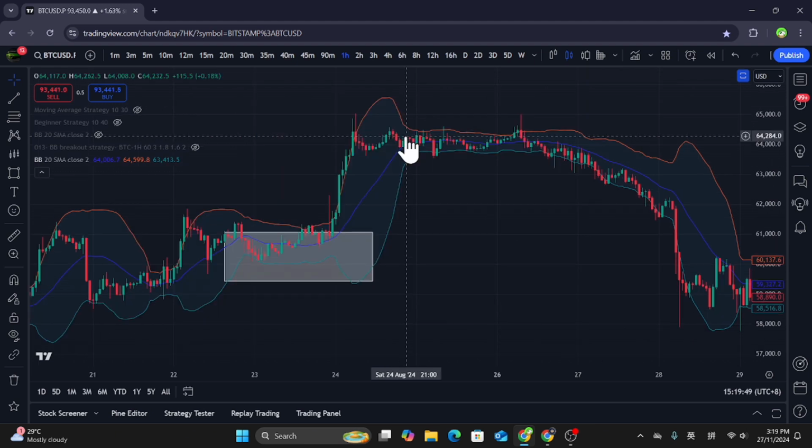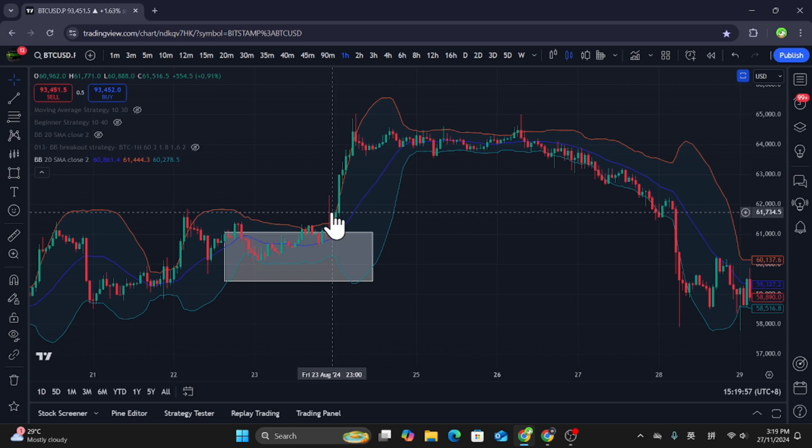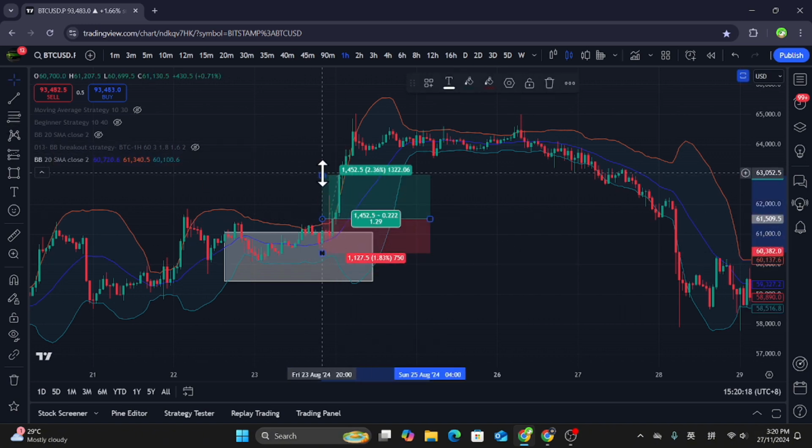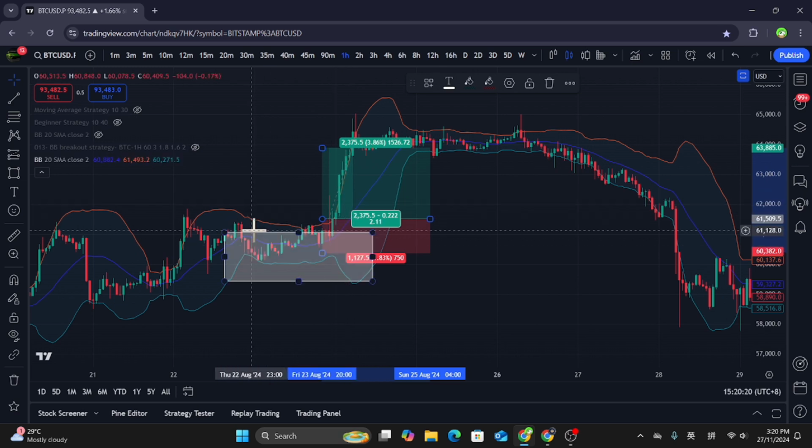In this case, as a quant trader, you will notice that this is something I need to backtest. Whenever price breaks above the upper Bollinger Band, it indicates a strong trend that I could go long on. Maybe I go long here, then set my stop loss at maybe 1 to 1 and then take profit.